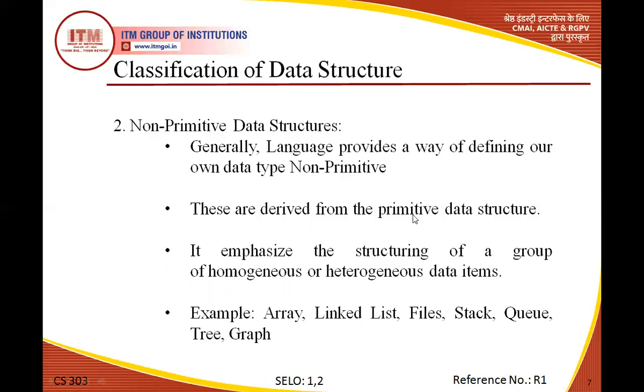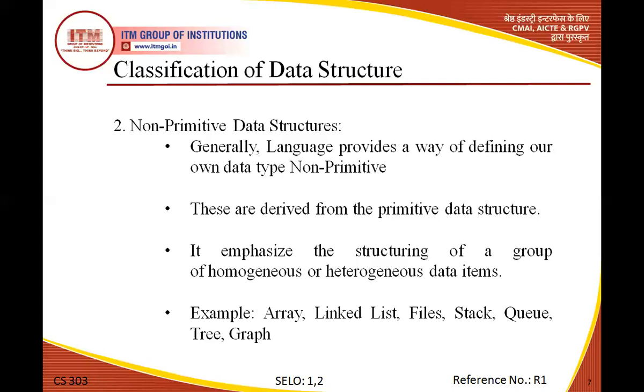They are derived from primitive data structures; some primitive data structures can form a non-primitive data structure. It emphasizes the structuring of a group of homogeneous or heterogeneous data items. It means a non-primitive data structure is a collection of values. We can store multiple values in a non-primitive data structure like an array.